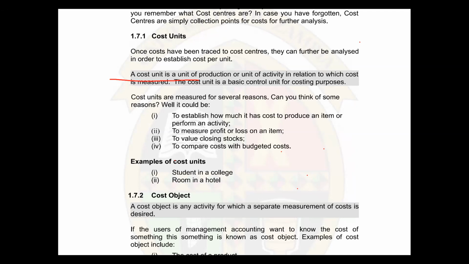That is called the cost unit. For example, you would say a room in a hotel, that's a cost unit. In the entire university, you would say maybe lecturers is a cost unit on its own. The students is a cost unit as well.